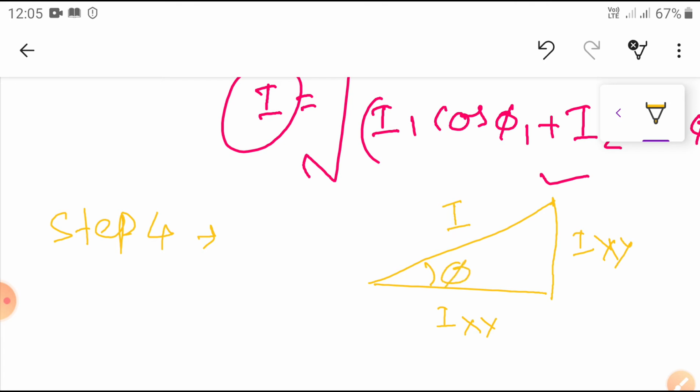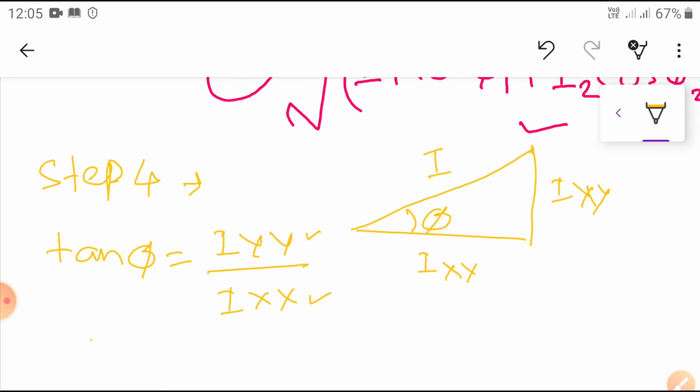Here I want to know tan phi. What is the formula? Tan phi is equal to Iyy divided by Ixx, the y component by the x component, and we get phi. Then what is the power factor? Cos phi is equal to, what is the cos here? This one.